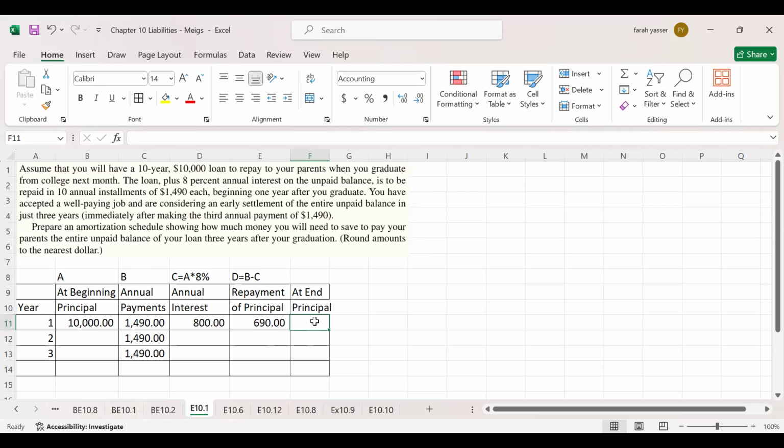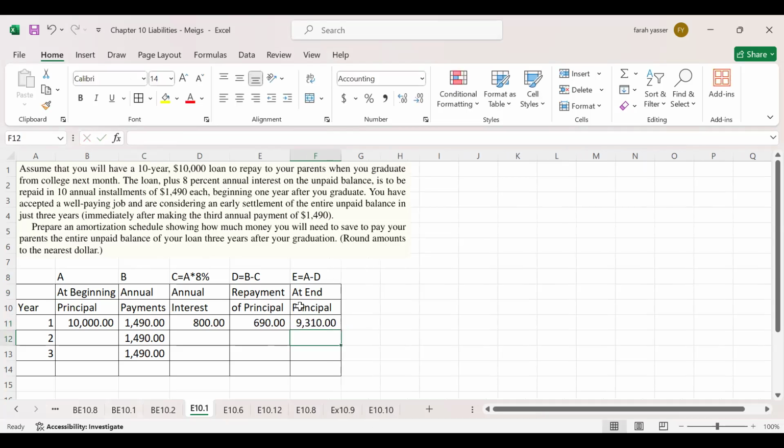So the principal amount at the end of year one would be column E, you name it E, and this can be calculated as column A minus column D. So here we have $10,000 at the start of the year, and we have repaid $690.